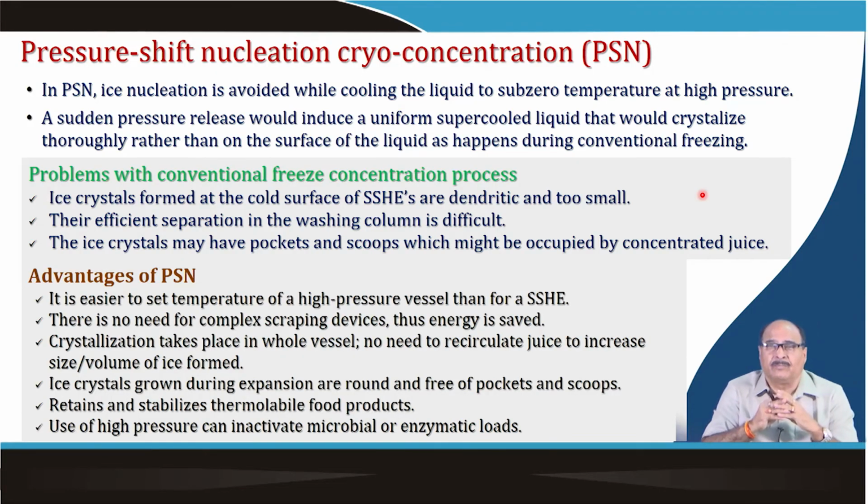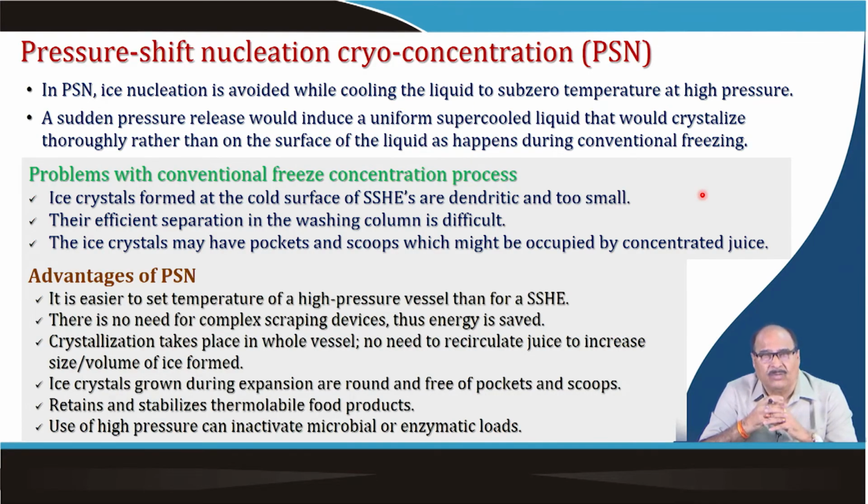So, in pressure shift freezing you get a large number of ice crystals of uniform sizes, etc. An advantage of pressure shift freezing is that it is easier to set the temperature of a high pressure vessel than that of a scraped surface heat exchanger. There is no need for complex scraping devices, thus energy is saved.